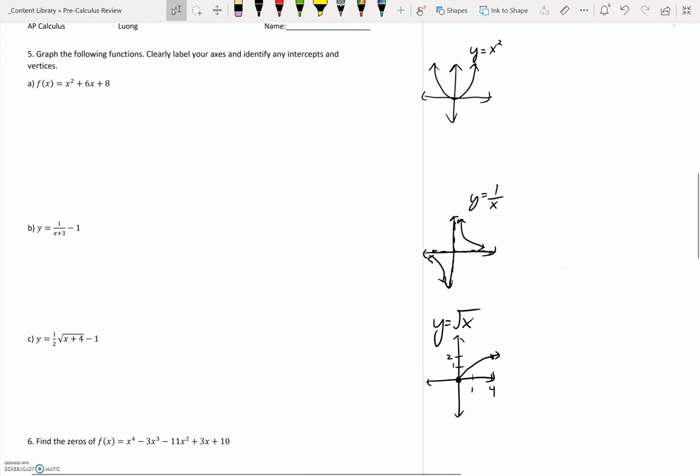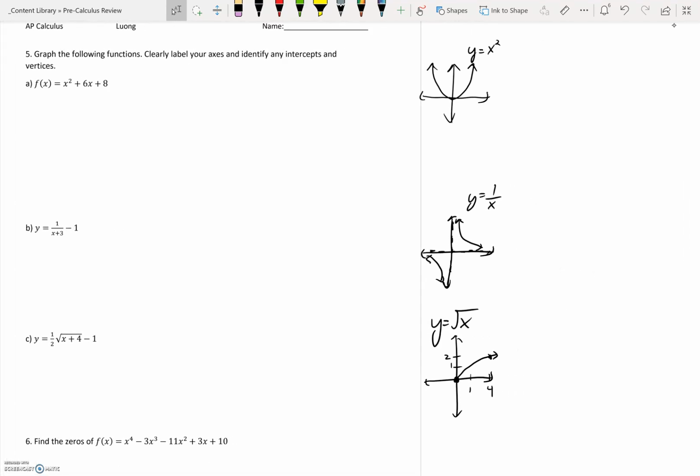There are also other graphs that you could need to know how to draw as well. Maybe y equals x cubed just looks something like this. And those are the main ones.